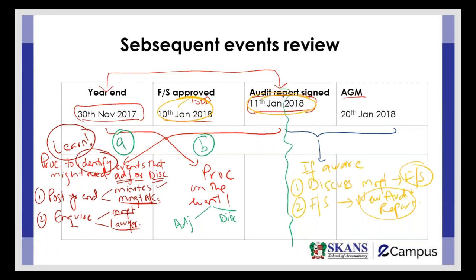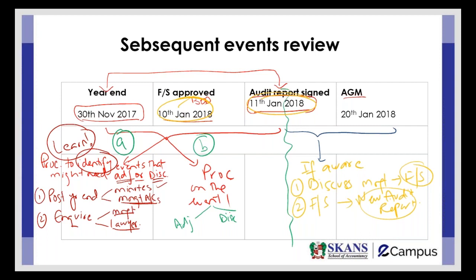On the other hand, if management has no plans of amending the financial statements, then you always have the AGM. You can speak to the shareholders at the AGM and tell them what the circumstances are. Or you could contact your lawyer or legal advisor to discuss what can now be done as well. Because the idea is, guys, I have given my report on the audited financials, on the financial statements signed on the 10th of January. If those financial statements don't change, I can't change my report.